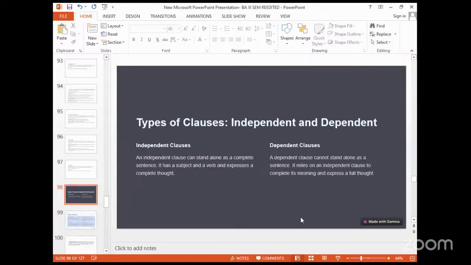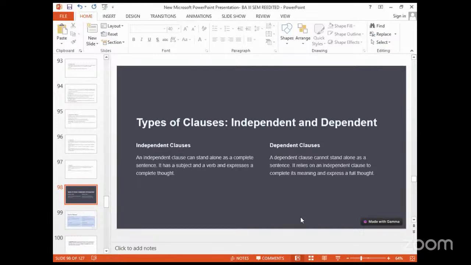As I told you, types of clauses can be independent and dependent. Independent clauses can stand alone as a complete sentence. They have a subject and a verb and express a complete thought.